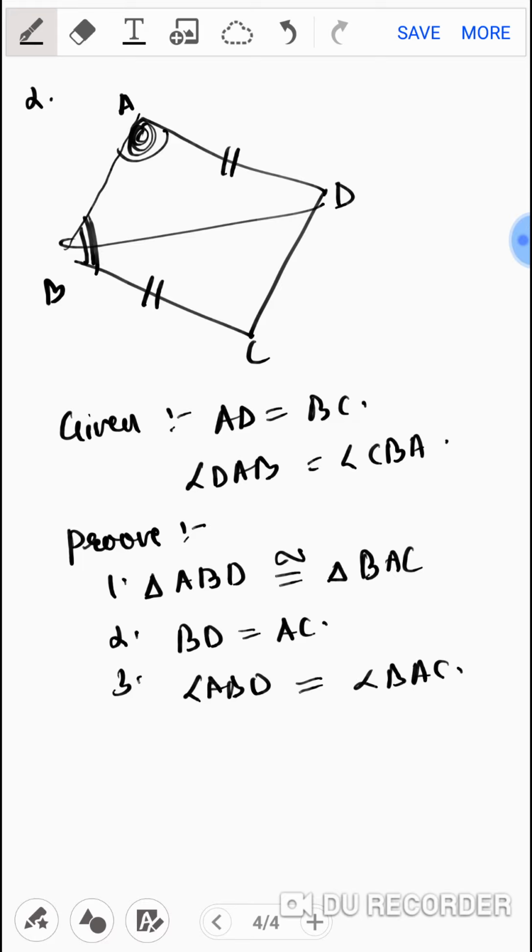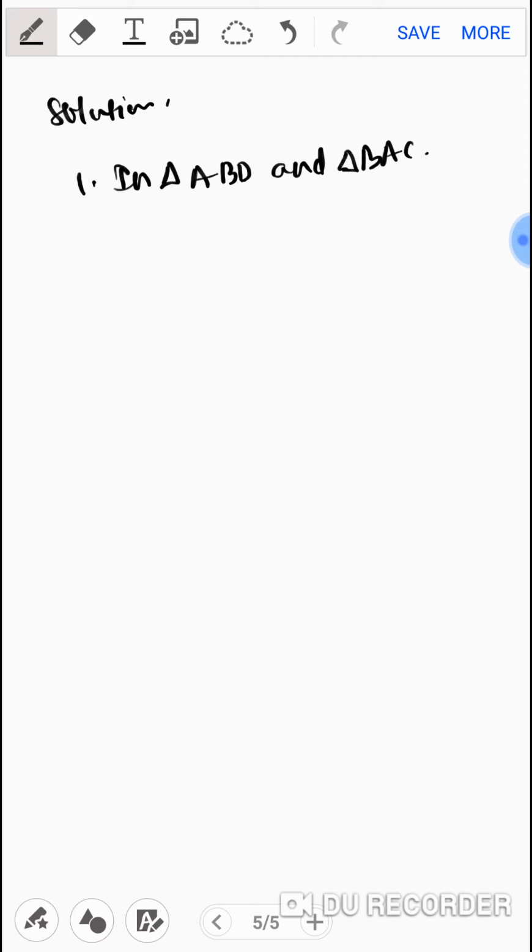Shall we start? Yes. Let's see what we can do. First, you have to take for your solution, you can take in triangle ABD and BAC. Look at the triangles ABD and BAC I am taking. In that, if you notice, you have AD is equal to BC.